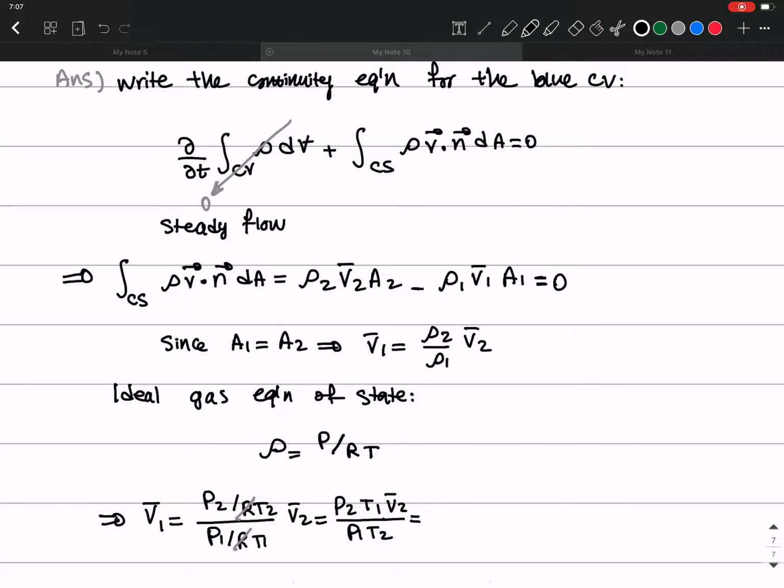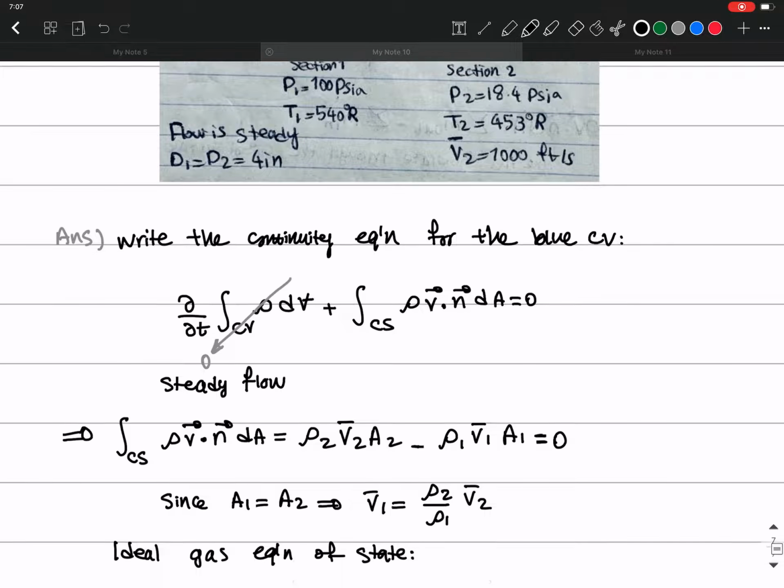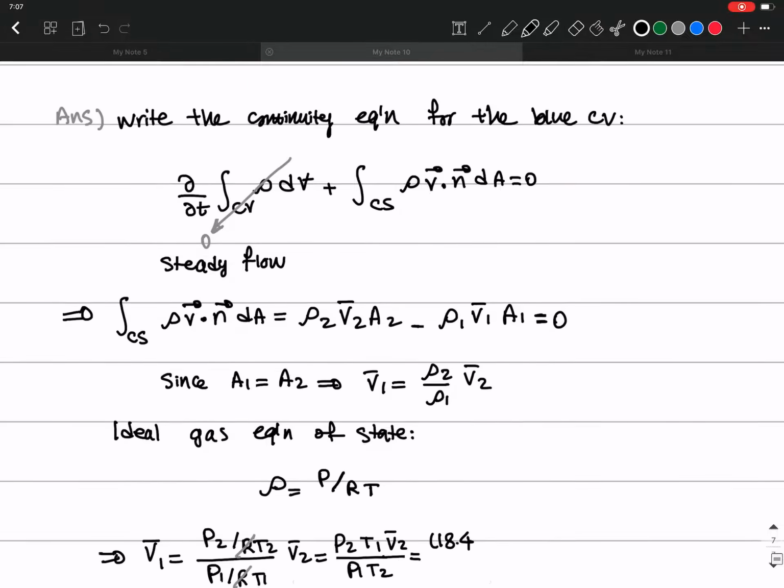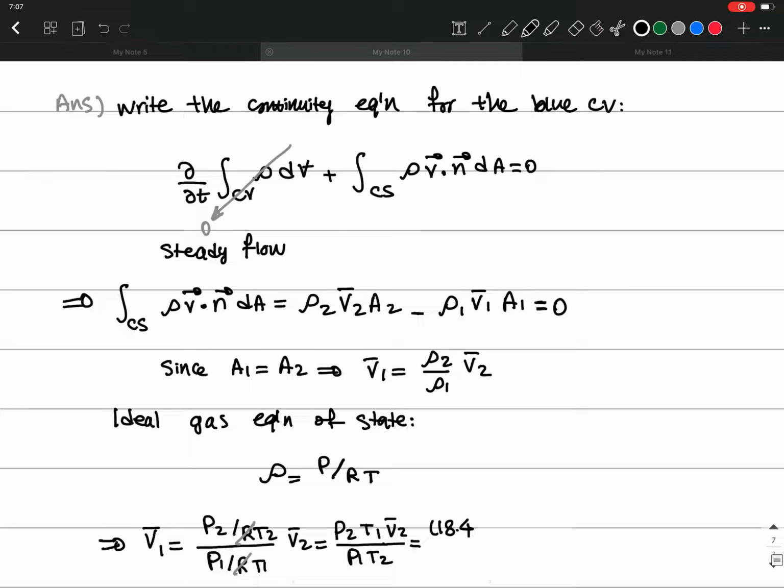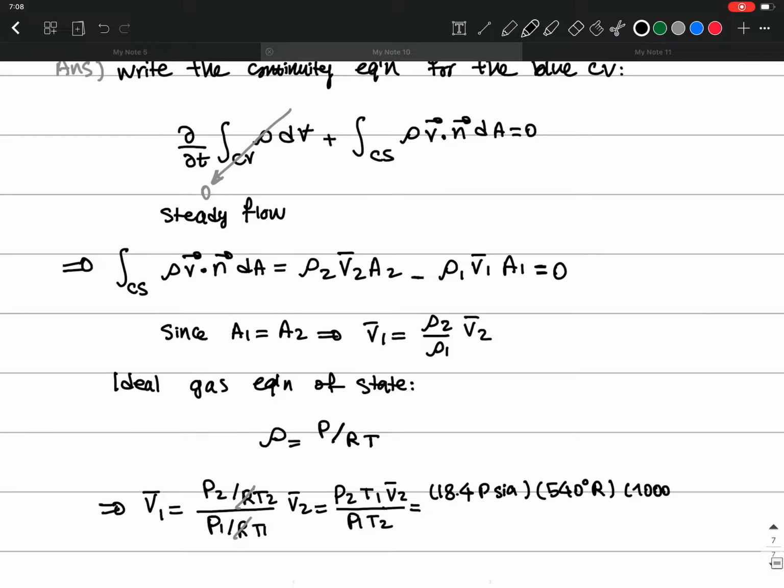Which equals 18.4. I now have everything. I have P and T, 18.4 psi, 540, and 1,000, which is v bar 2, foot per second.